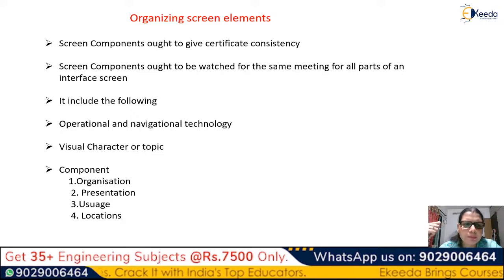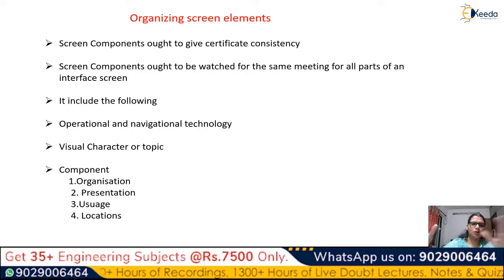This example can be related to your class, when you have a display like an LCD display. When your professor, your teacher, gives a presentation on the display, and when you look at the display, you see how the contents are written, how the presentation slides are made.